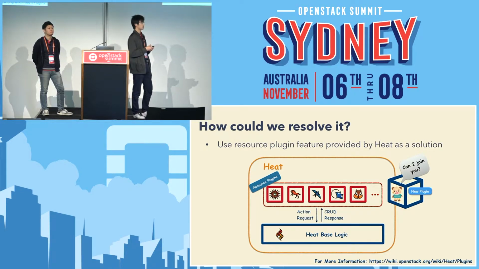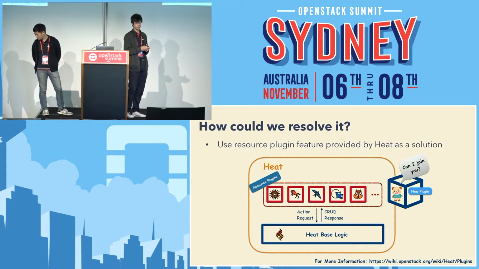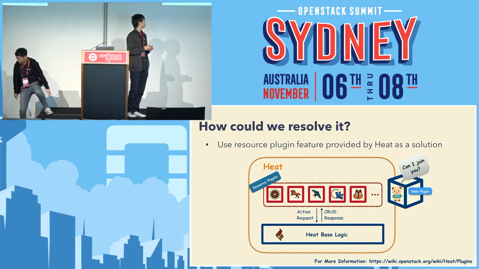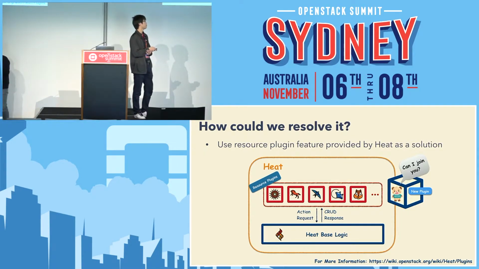For example, there are resource methods for the actions, and response parameters to get the response. Adding a new resource is just equal to adding a new resource plugin. For more information, you can check the wiki page of Heat plugins.